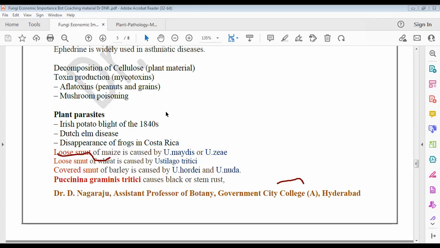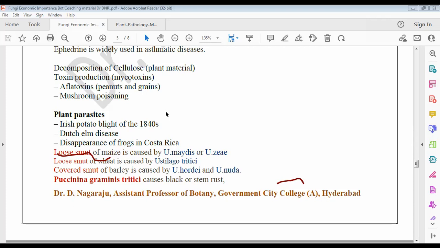And do you know the Sri Lanka famine? It was caused by, does anyone know? Hemileia vastatrix caused the coffee rust. Total coffee plants were affected with the rust.